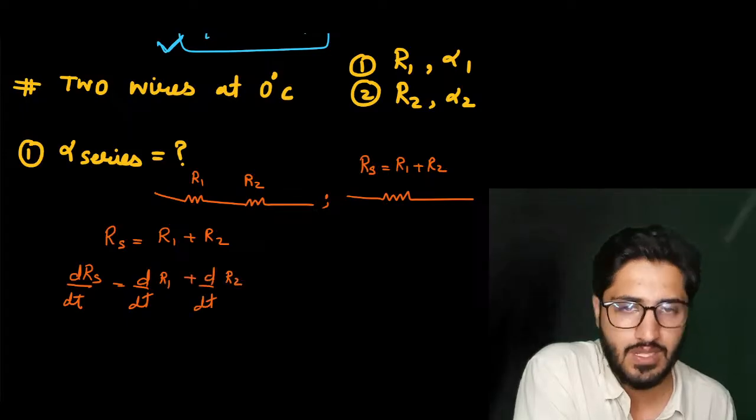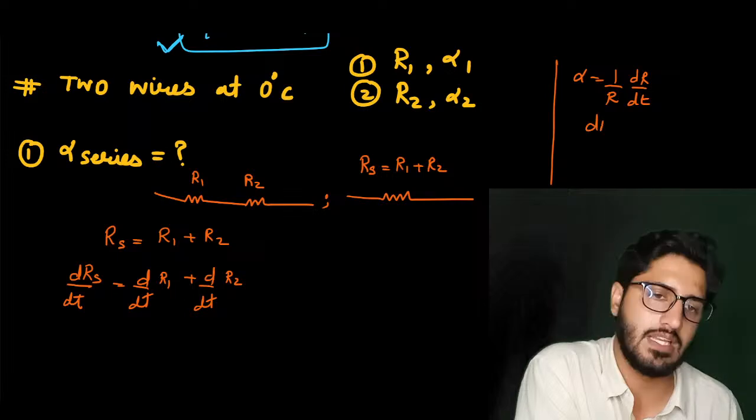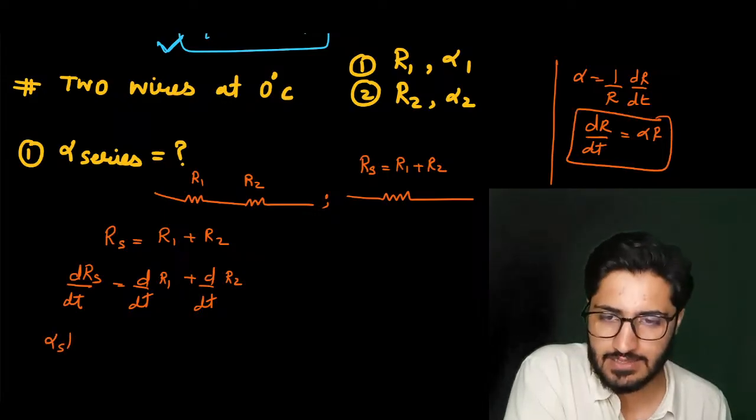We know the equation: alpha equals 1 divided by R times dR by dt. So dR by dt is alpha times R. So alpha_s Rs equals alpha 1 R1 plus alpha 2 R2.